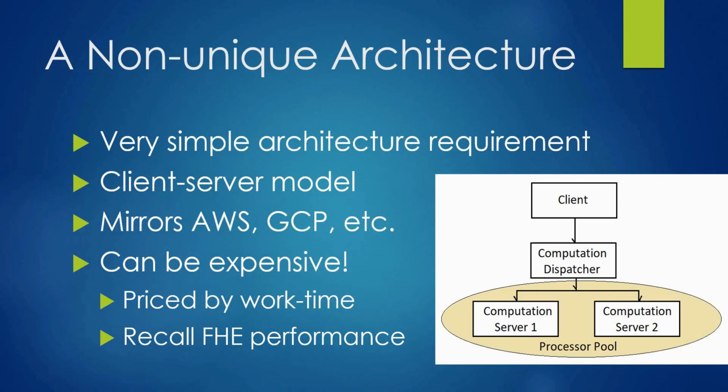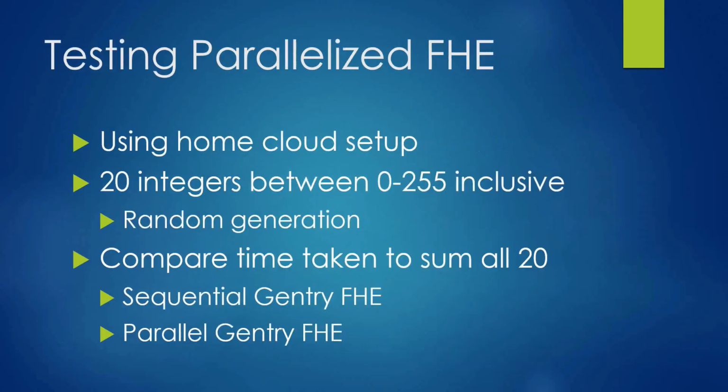And so continuing into that, we're going to see the testing scheme used in parallelizing fully homomorphic encryption. In the example that was given in the paper that I read, only a home cloud setup was used. And that's something I actually want to touch on after we go through the rest of this slide.